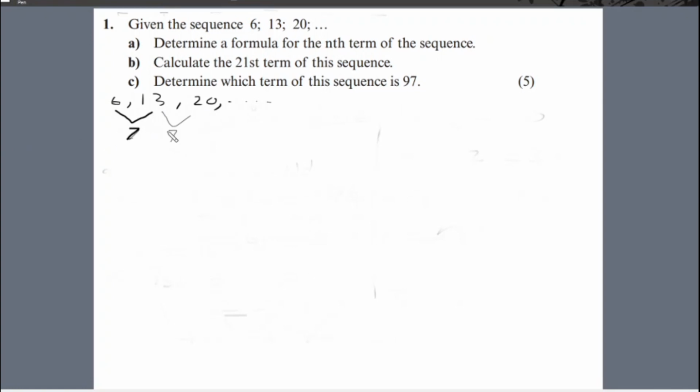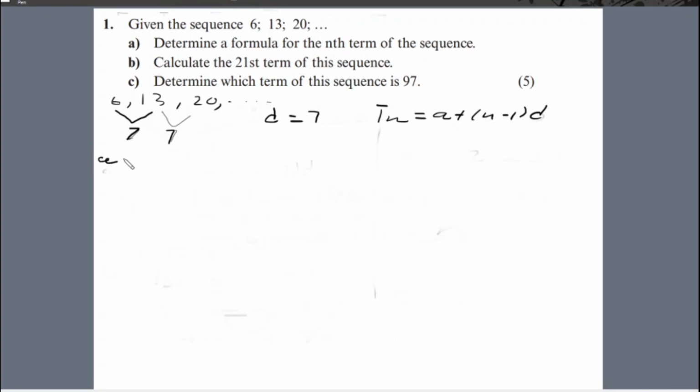That is 7, that is 7. Therefore, we have a common difference of 7. Because we have a common difference, then this is an arithmetic sequence. Once you hear arithmetic sequence, you then know what we are dealing with. Tn is equal to a plus n minus 1 times d.